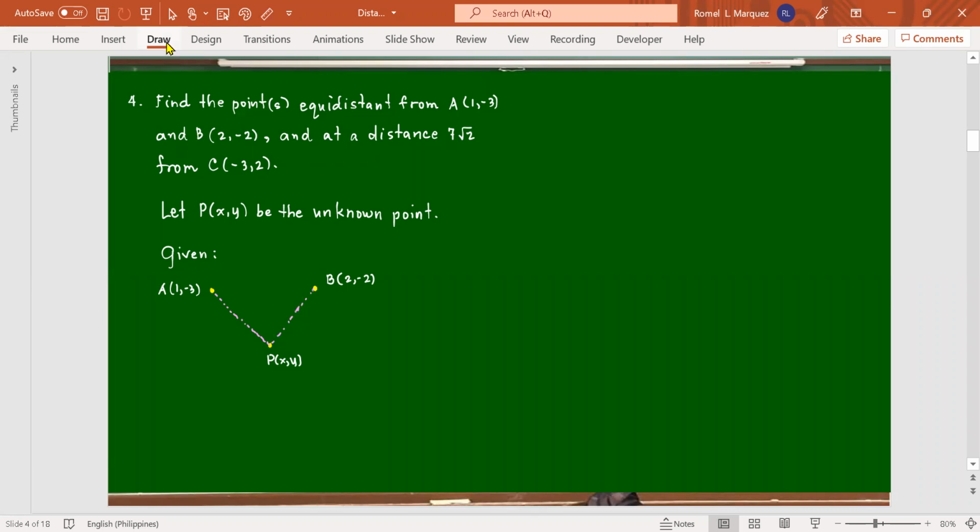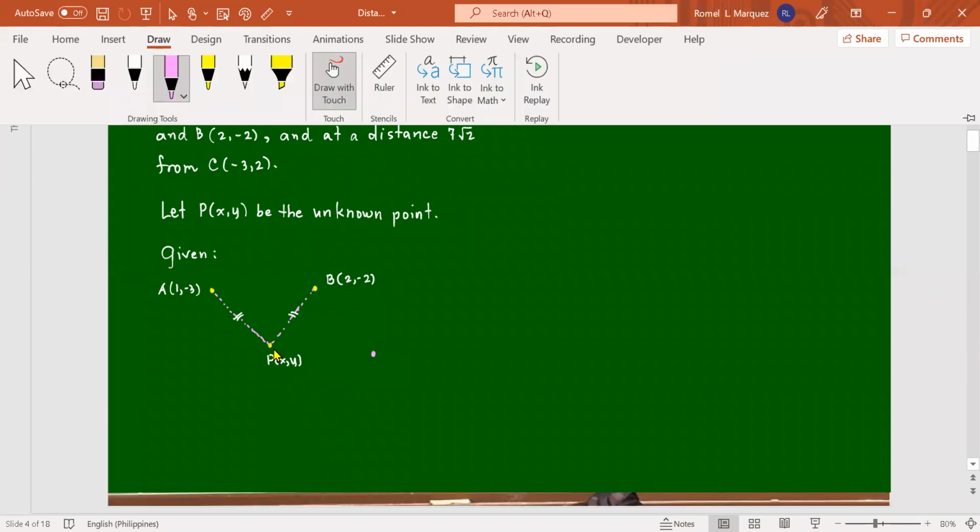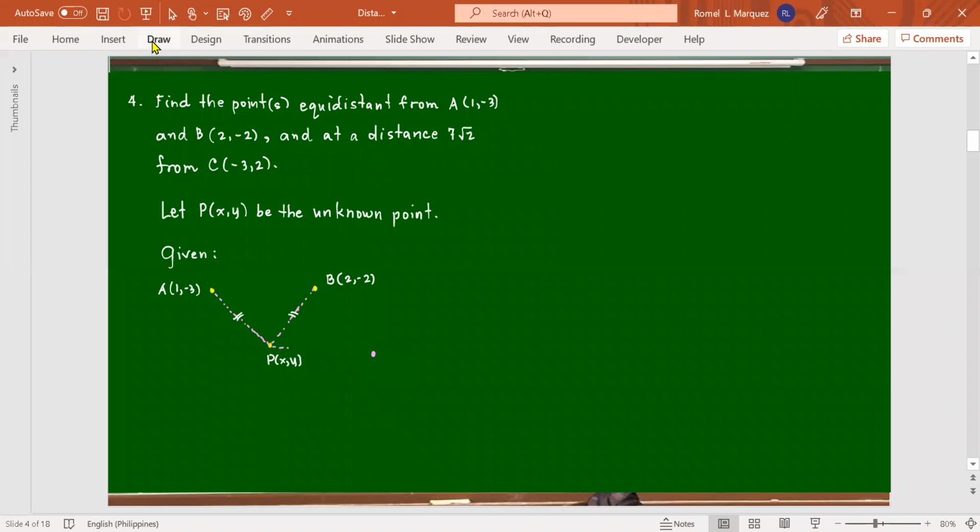So this is supposed to be equal to this distance, right? Next, another condition is that the distance of P from -3, 2 is 7 square root of 2. Let's say it's somewhere here, that point C. Okay, guys? And then how far is it from P, guys? 7 square root of 2, sir.